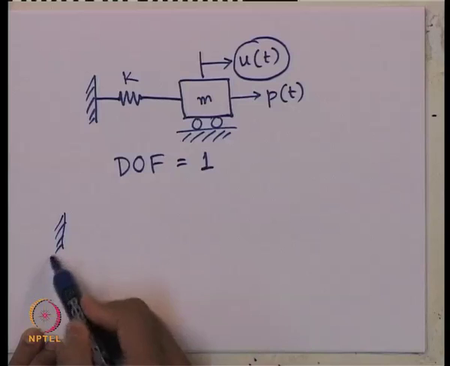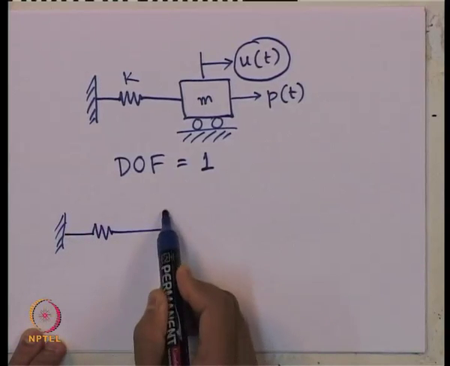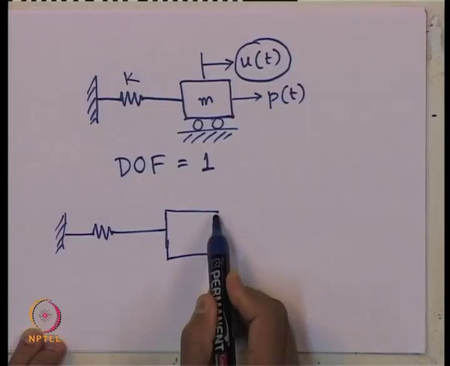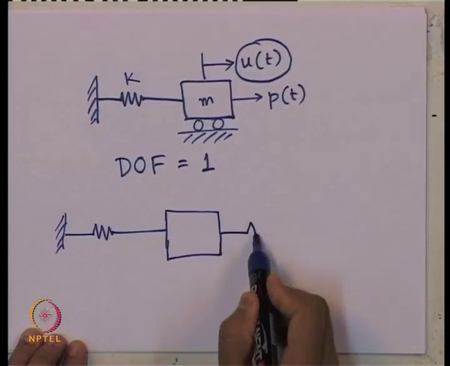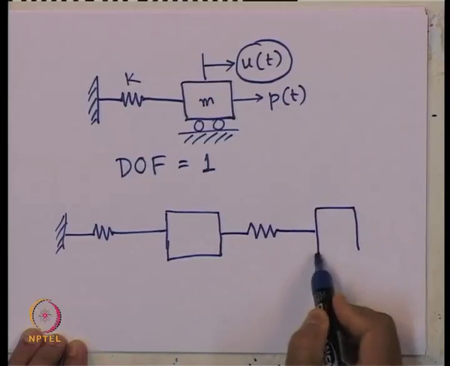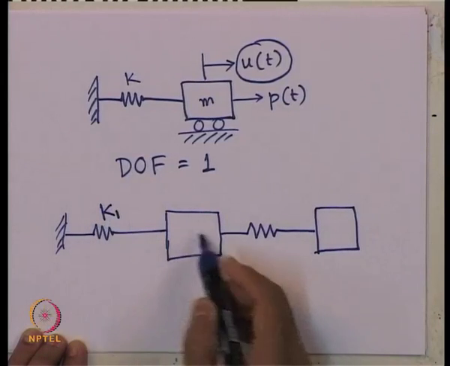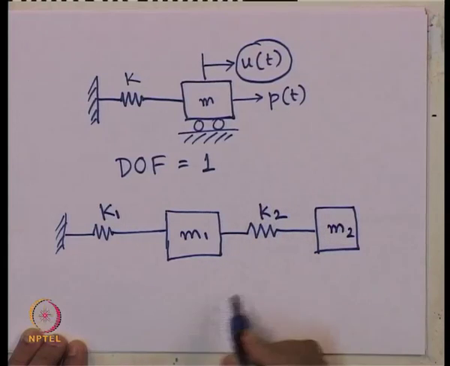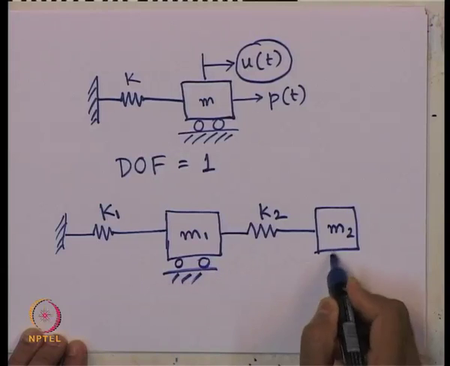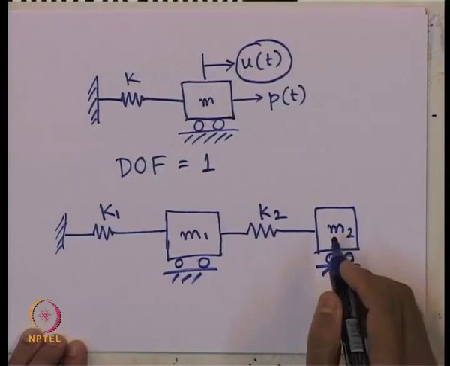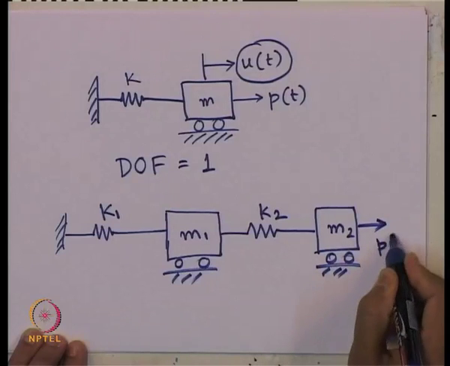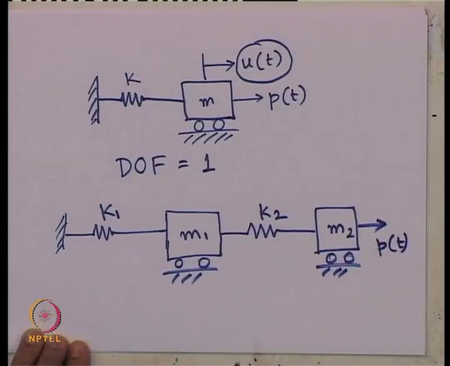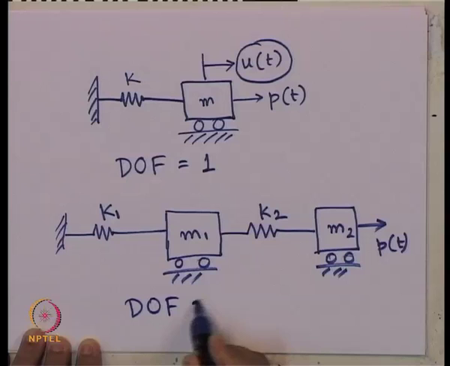Now, if we take another example, suppose we have one spring, then a mass, then another spring, then another mass. Say this is K 1, this is M 1, this is another spring K 2, this is mass M 2, and to this system we apply some dynamic load. So, how many degrees of freedom does this problem have? That is DOF is 2. Where did we get this value 2?